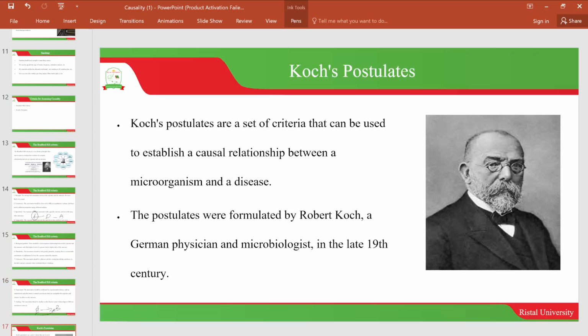Okay, so let's go to Koch's postulates. Koch played an important role in the study of bacteria. He's actually credited for what we call the germ theory. That means by that time, people had different theories on what causes diseases.